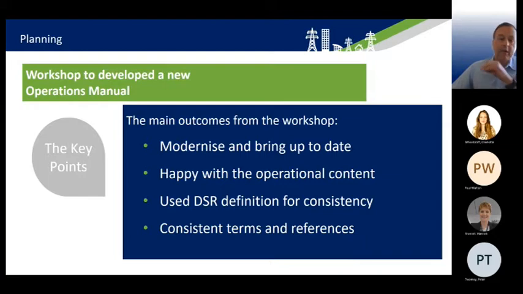They were happy with the operational content of the manual, so they didn't really want to change that. The use of distribution safety rules definitions felt that should be used throughout the manual, so it aligned with the distribution safety rules. And also a review of the terms and references that are used throughout the policy to make sure that they're up to date as well.